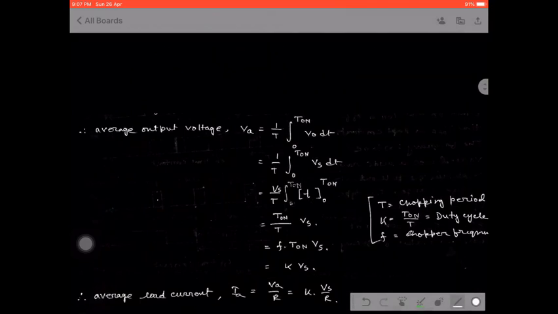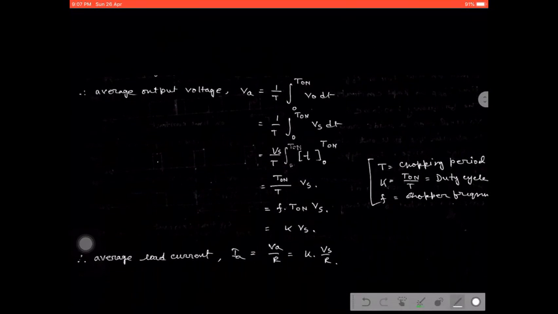See it very carefully. The average output voltage V average is equal to 1 by T, as I told you before, integration of 0 to T on of V0 dt, and V0 equals Vs. That is why we can write 1 by T integration of 0 to T1 of Vs dt.